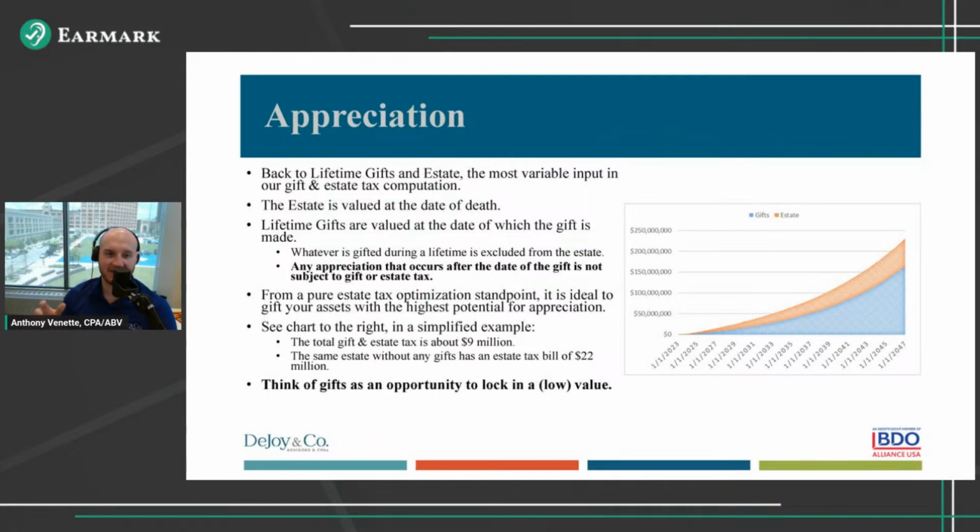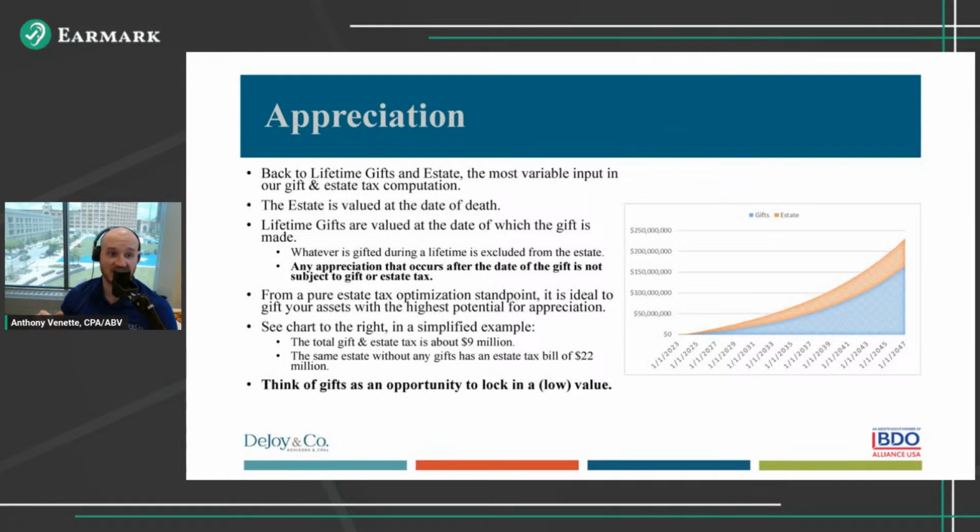So when we go back to that lifetime gifts and estate, remember we said we control the split of what's in a gift and what's in the estate, right? So our estate is going to be valued at the date of death. So a point in time at the date of death, here's the value of the estate, the fair market value. Lifetime gifts are going to be valued at the date in which the gift is made. So whatever is gifted during a lifetime is going to be excluded from the estate.